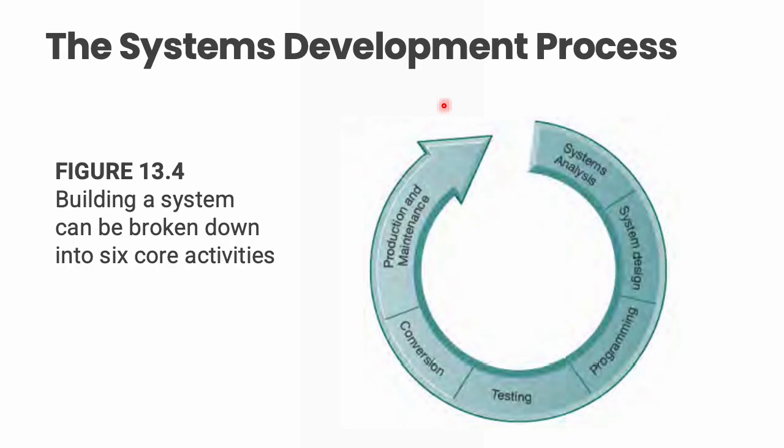The system analysis, how we understand the problems, and then the system design, how we create the blueprint, and then the programming process, the actual construction or building, and then testing, checking for any problems, and then the conversion, moving everyone in, and the last one is production and maintenance, living in it and doing repairs.